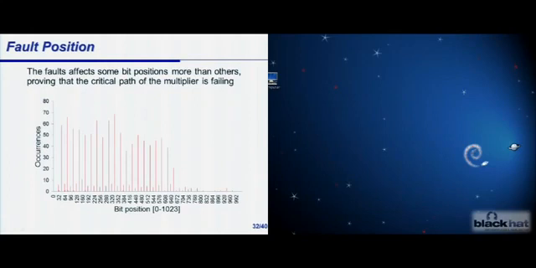The faults are not affecting, we had to try 1,024 different positions. We didn't find faults to be everywhere. There are actually positions that tend to be the ones with the fault and lots of positions that do not. In practice, about 40 positions out of 1,024 are the ones that tend to have faults. So this chart here is showing how different bit positions have a different amount of occurrences of the fault.